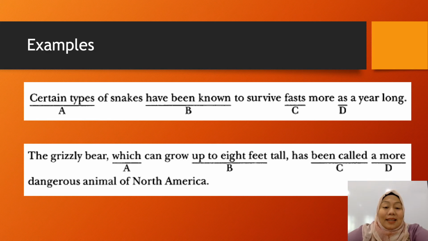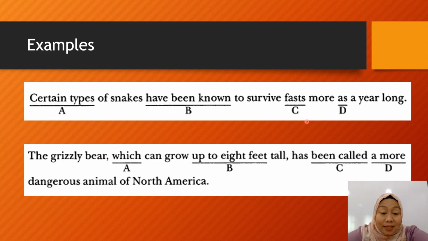All right, now let's take a look at the example here. The first one: certain types of snakes have been known to survive for more as a year long. We have "more" here. If we know that "more" is always followed by "than", what is wrong with this sentence?